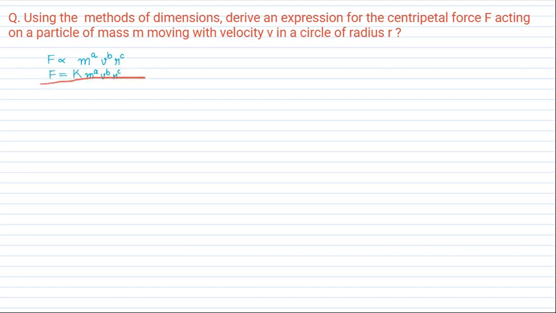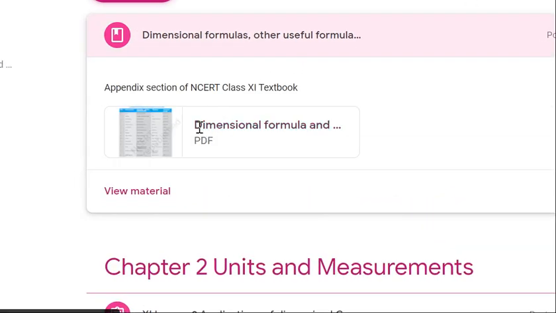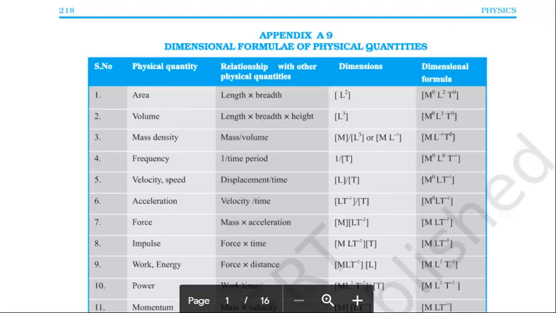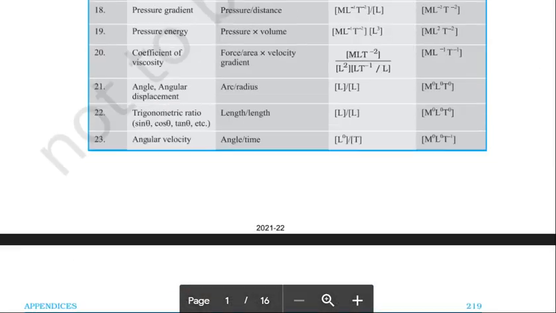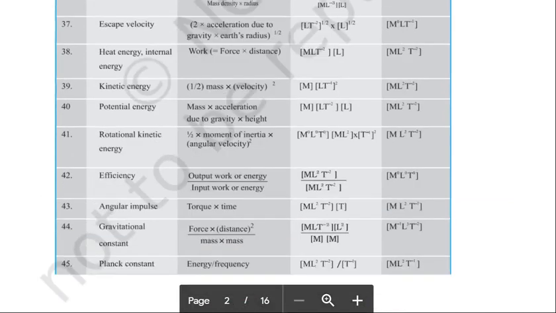This is the dimensional expression for the force. Now what you do is write the dimensions of the various quantities here. Let's start with the dimension of F. If you don't remember the dimension for F, I have given you a dimensional formula chart. You can use this chart to check the dimensions of a given physical quantity.